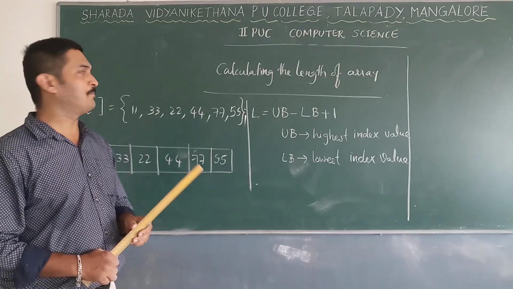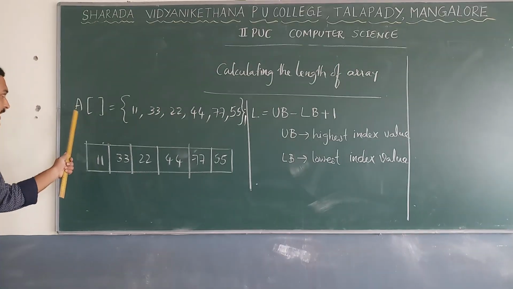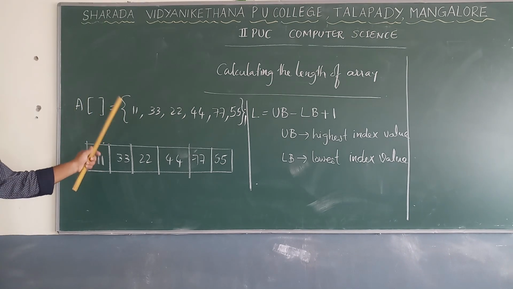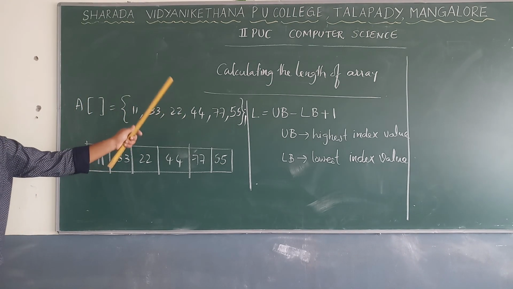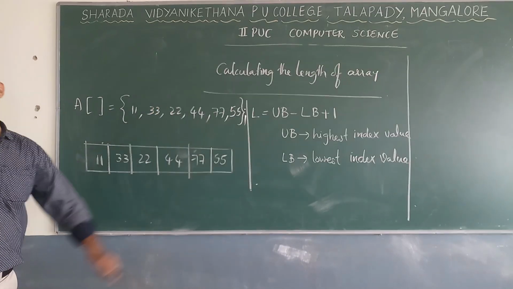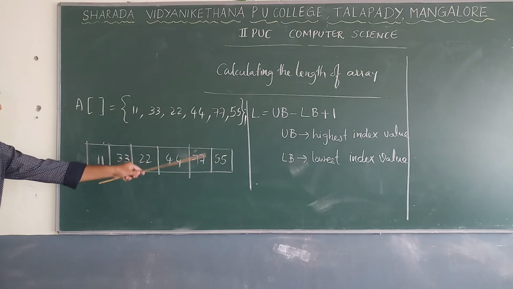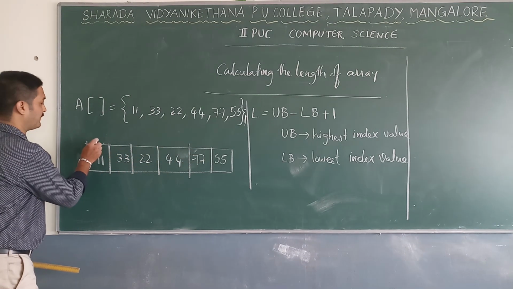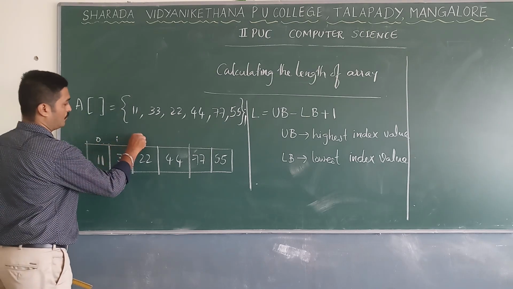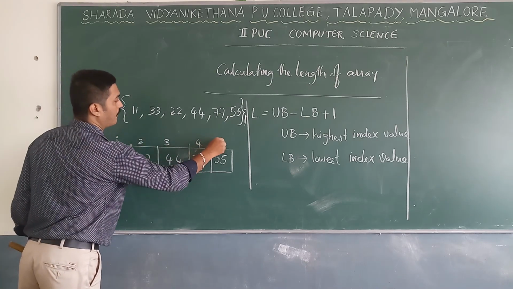Okay, these are about calculating the length of array, and we can take an example for this one. For example, we have an array A of elements 11, 33, 22, 44, 77 and 55. We can represent that by using this diagram. Here index values 0, 1, 2, 3, 4, 5.